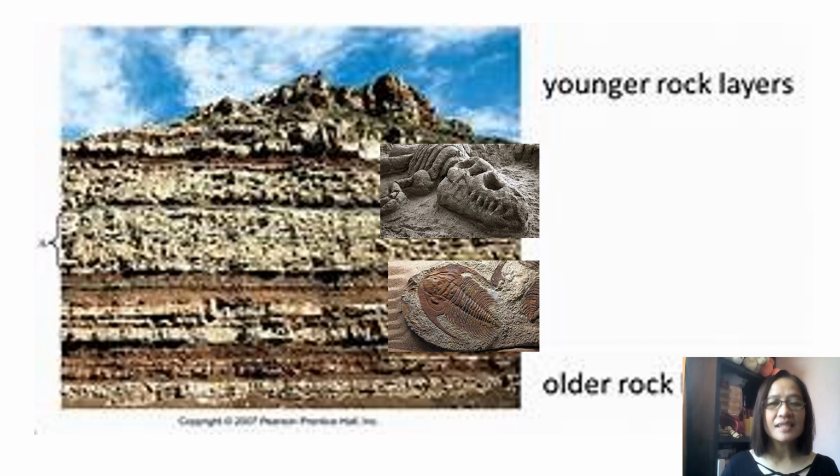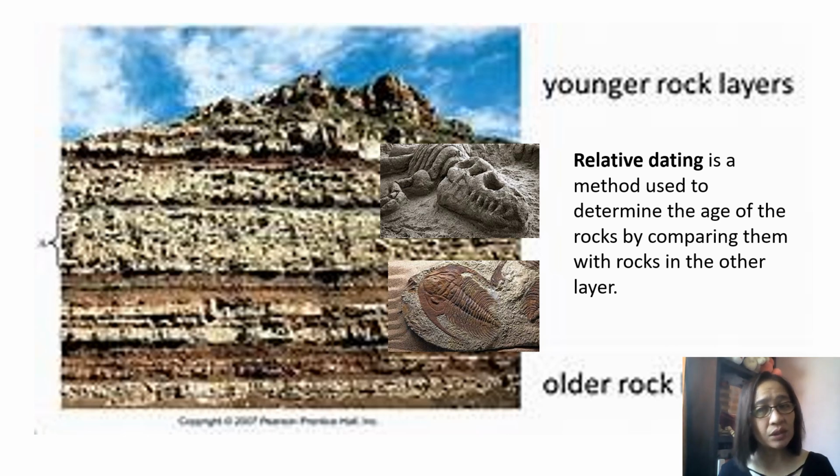Mas matanda si trilobite fossil kesa sa dinosaur bone kasi si trilobite fossil ay nahukay doon sa older rock layer at itong si dinosaur bone ay nahukay naman sa younger rock layers. Ano ang tawag sa method na ginawa ng mga paleontologists na to? This is what we call relative dating. Pag sinabi natin relative dating, method used to determine the age of rocks by comparing them with rocks in other layers.